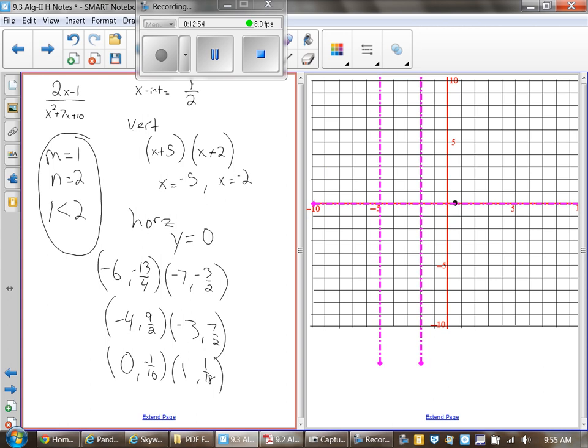So this is weird looking. Very ugly. It is pretty, isn't it? So we have -13 over 4, which is what? 3 and change?